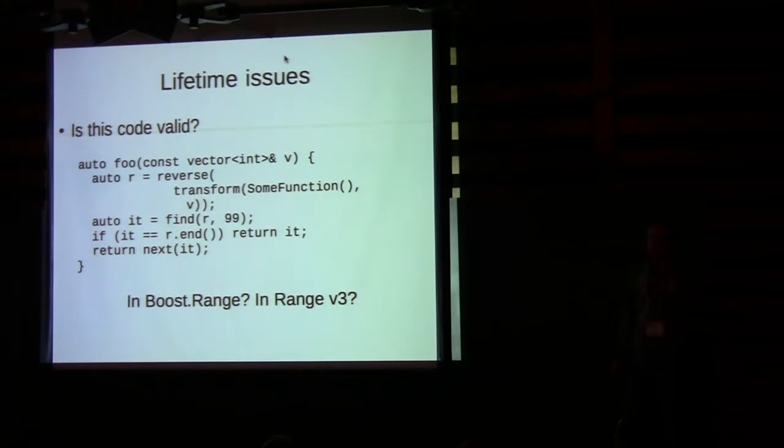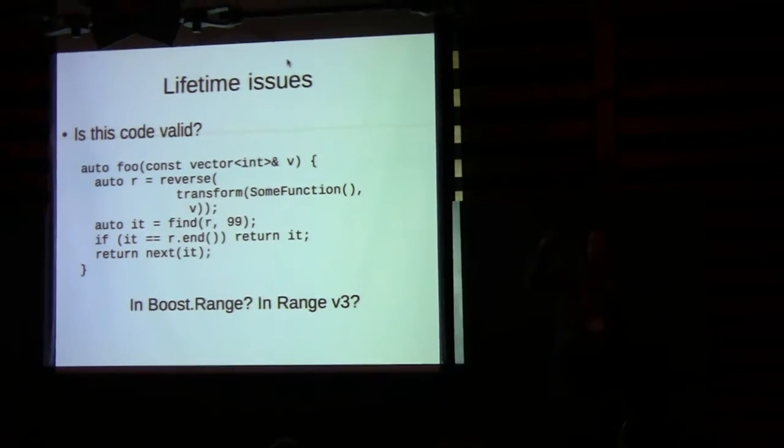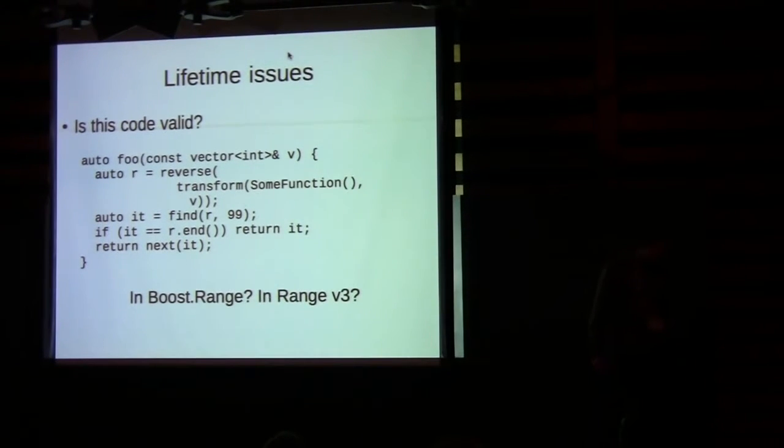Is it safe? Does anyone who has used Boost Range know whether that's safe? Yes, David says his guess is it would be no, or it wouldn't be on the slide.